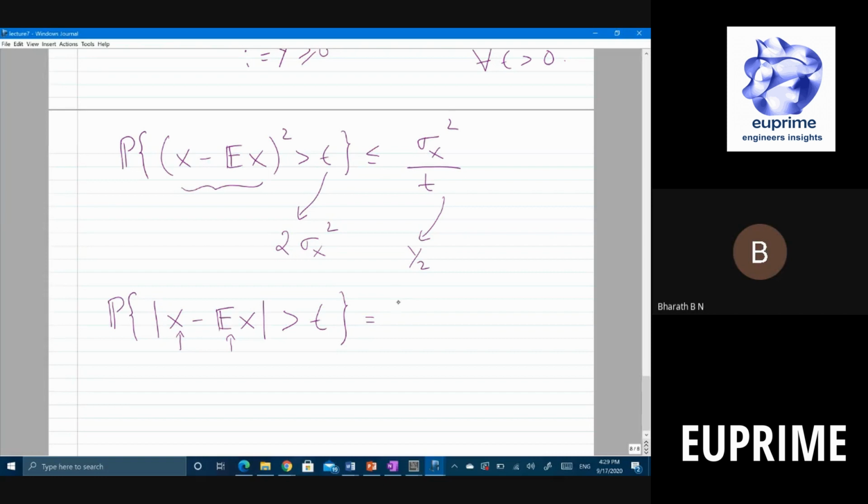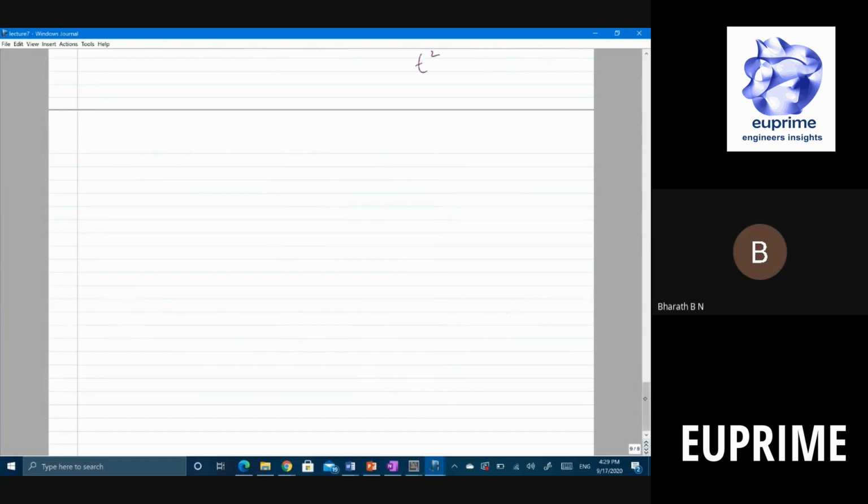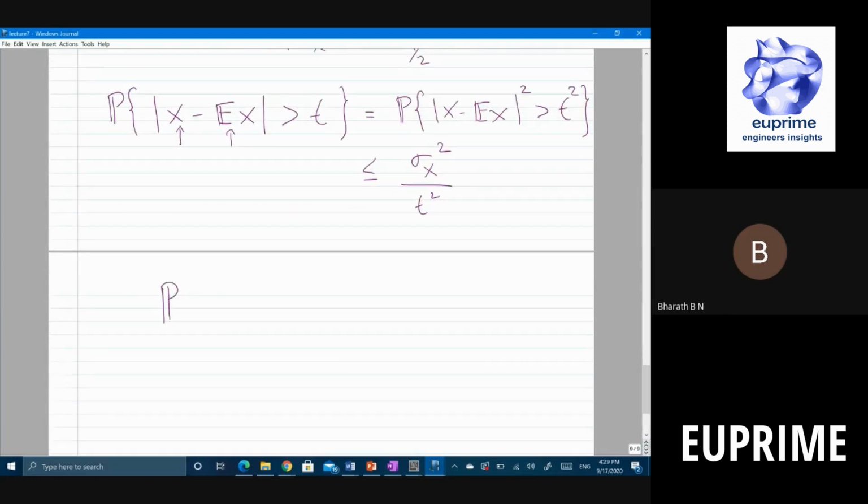So this is same as, I can square on both sides and apply Markov, right? So let me write this in detail. So the probability of the absolute deviation being greater than t is less than or equal to the variance divided by t squared.